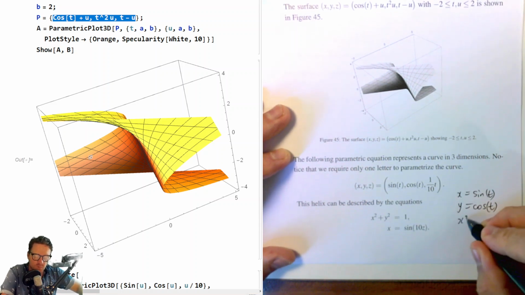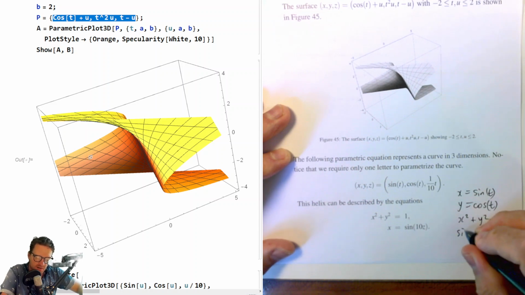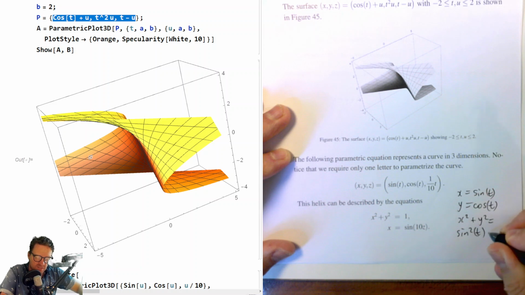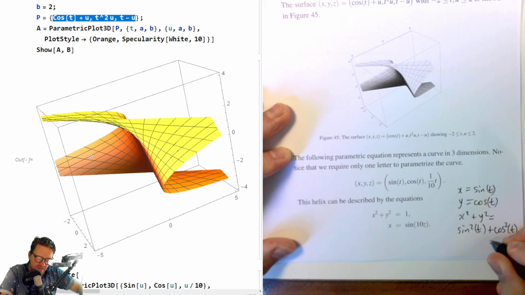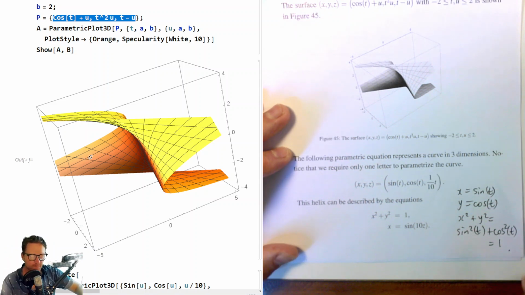So taking x squared plus y squared, we have sine squared t plus cos squared t, and we know from trig identities that that's 1. So looking down on this from above, we should have x squared plus y squared equals 1.